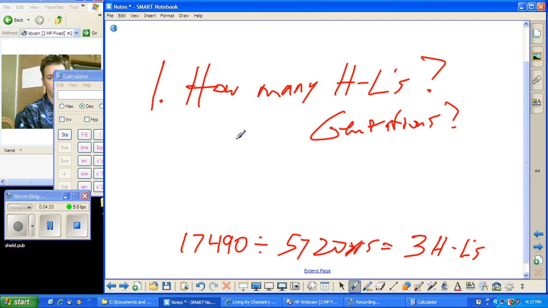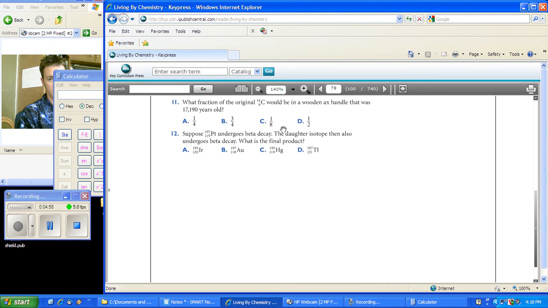After the first half-life, half of the original amount is all that's left. After the second half-life, half of that amount is left. After the third half-life, half of that amount is left. Or it's 1 over 2 to the third is the amount. 2 to the third is 8. So the answer to that one would be C, 1/8 is what's left.